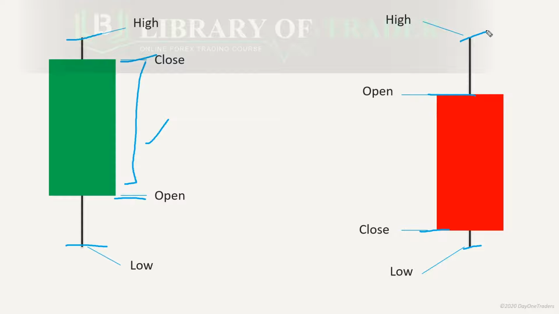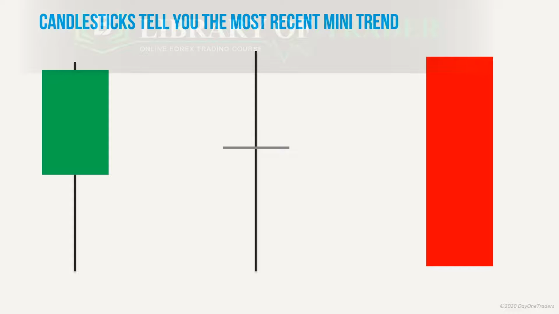Now, this is a super basic concept that most people already know, but one thing that people don't really think about is each of these candles has its own trend in it. If we think about it, this candle here represents what happened over 2,000 trades. What does that mean?